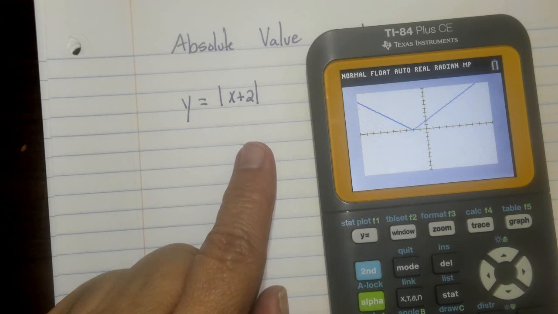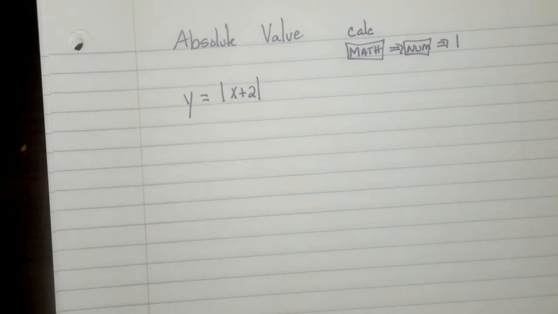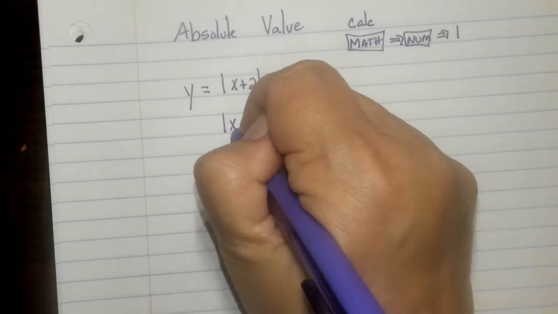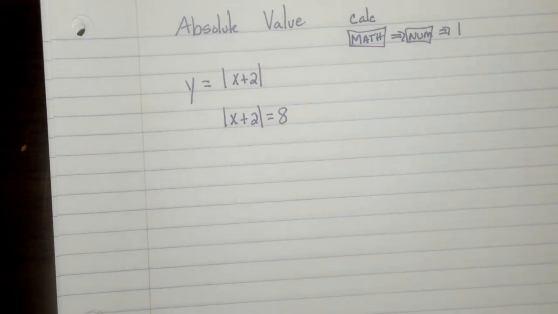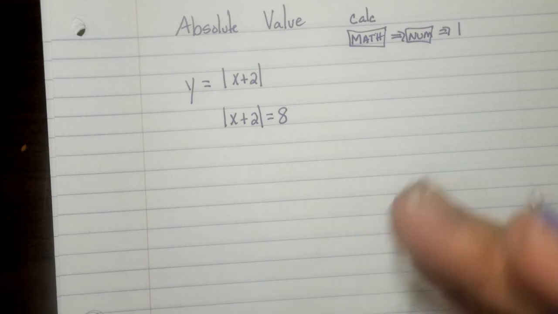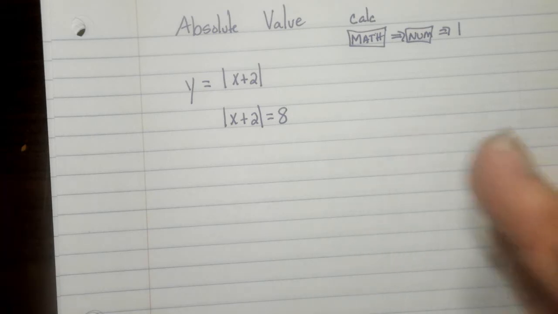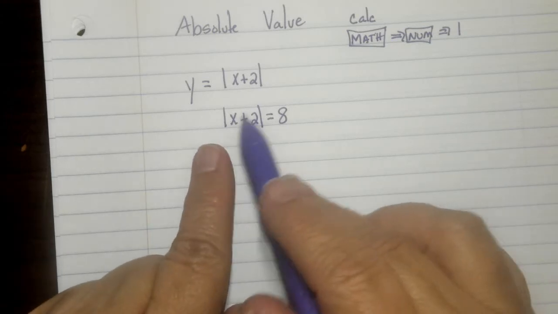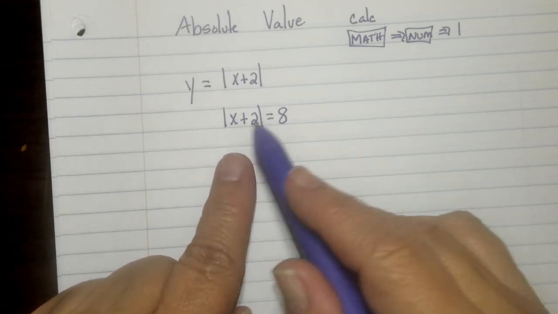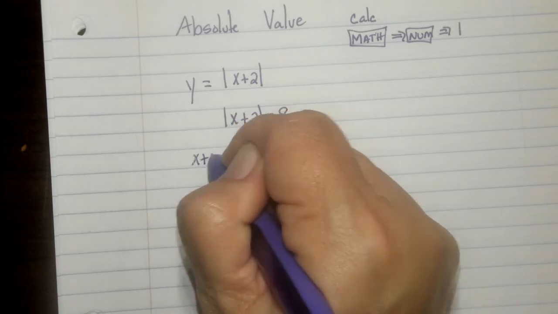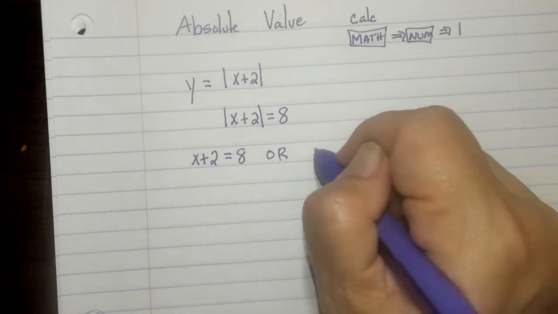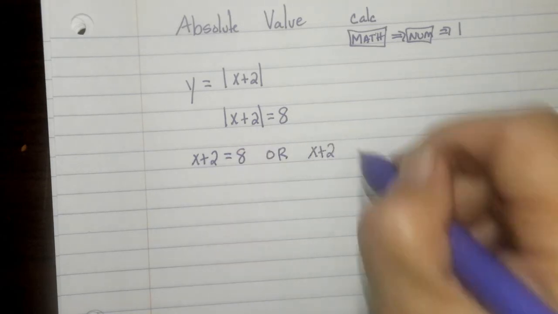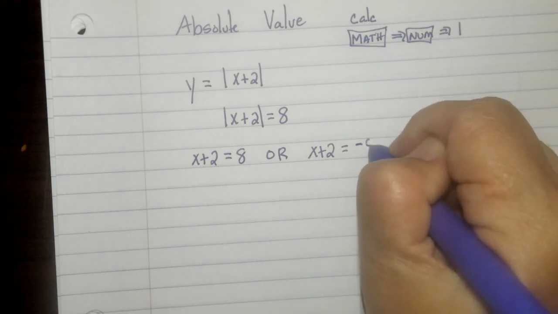All right. Another thing that you should be able to do with absolute values is solve them. So if I have the absolute value of x plus 2 is equal to 8, remember the meaning of absolute value. Absolute value means the distance from 0. So if this absolute value is equal to 8, that means the stuff inside the absolute value, x plus 2, could be equal to 8, or the stuff inside could be equal to negative 8.